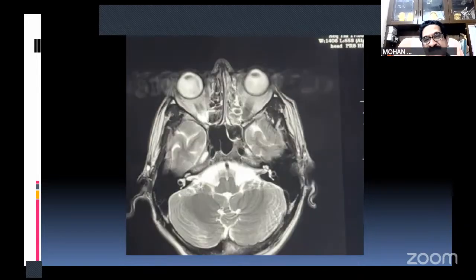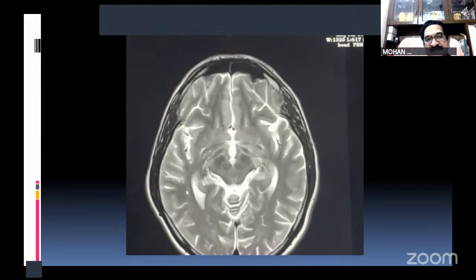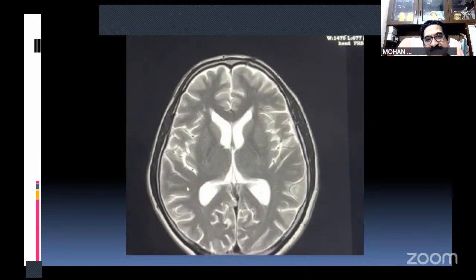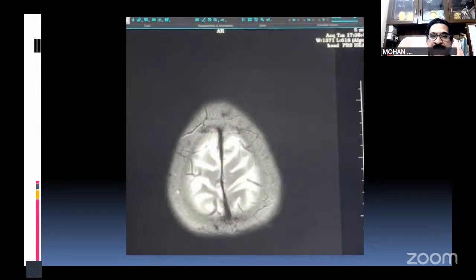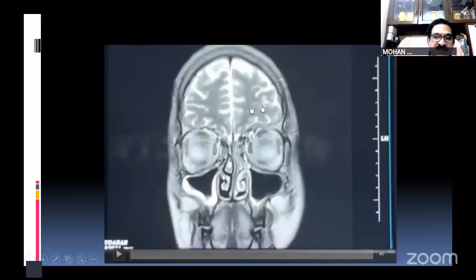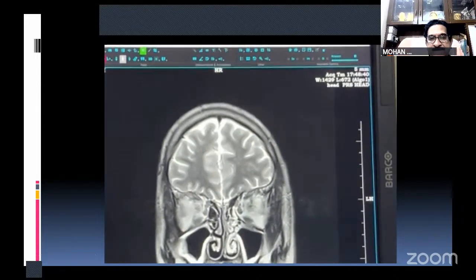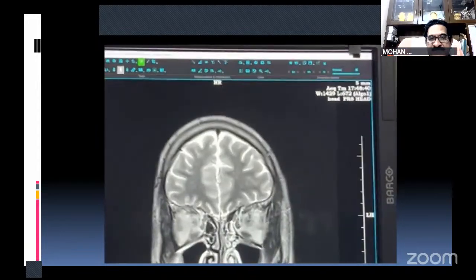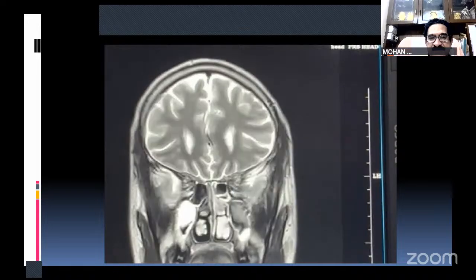This is the T2 weighted. No obvious brain lesion seen. This is the coronal cut. There is some lesion which could be seen on the left side. I'll come to that later on.